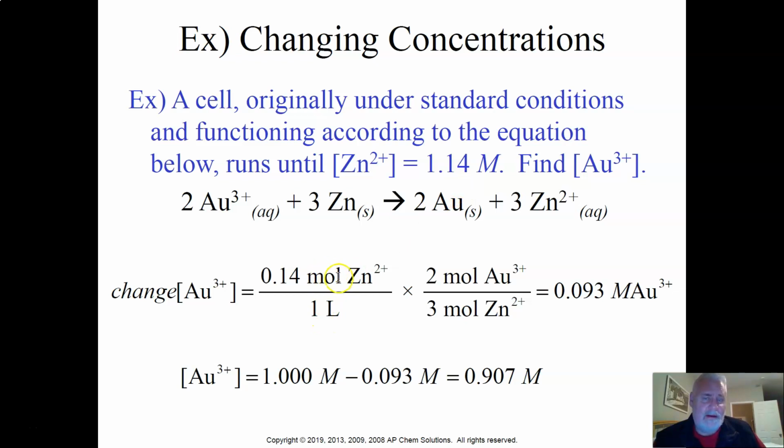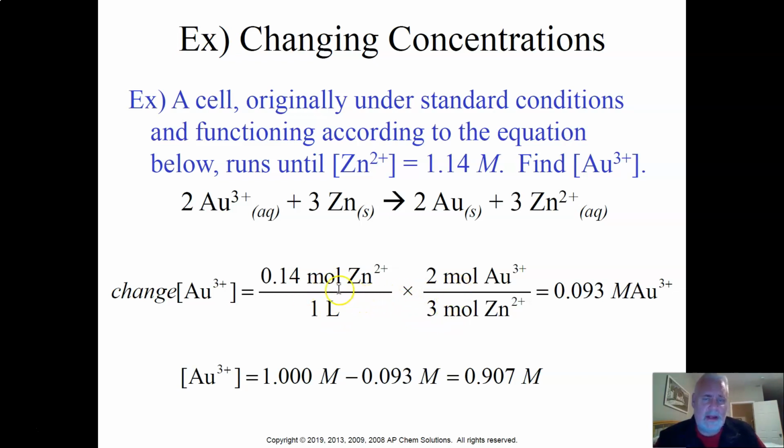Okay, so it increased 0.14 from the 1, and then because you're going to want molarity at the end, you're going to do this fancy little conversion here.